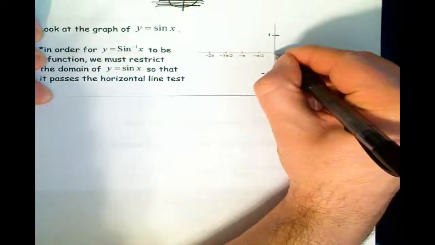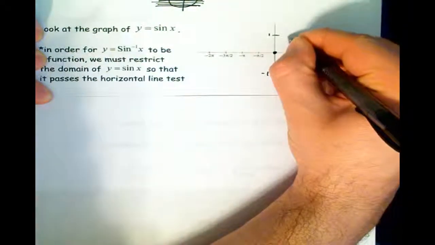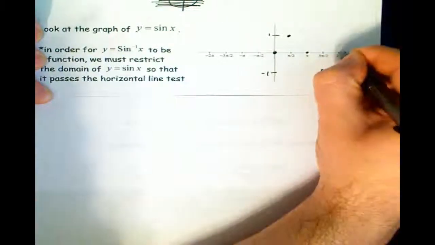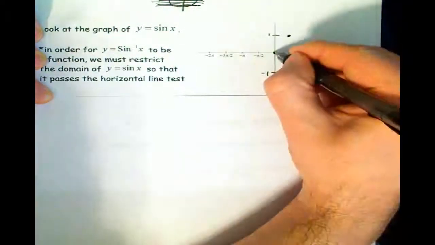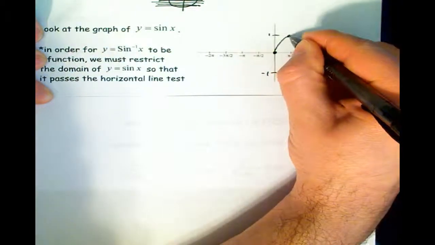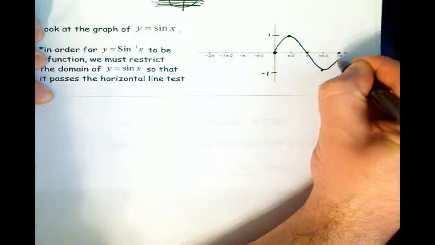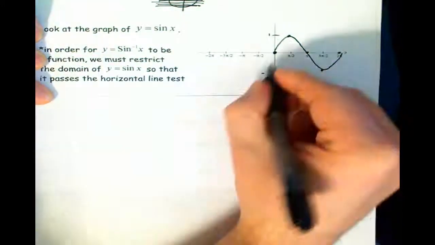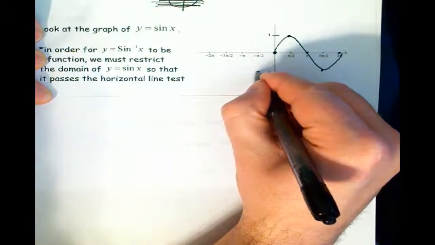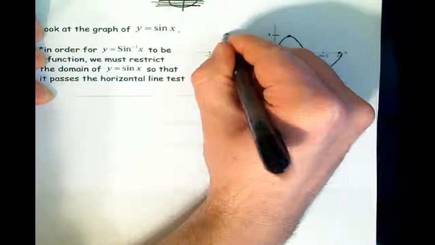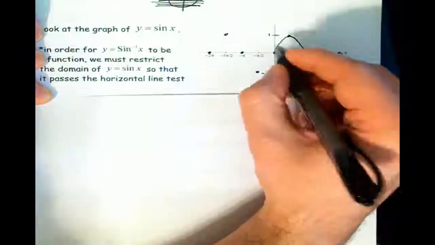It starts in the middle and goes up, back down. It looks like that. There's the positive one, and then it's going to continue to do the same thing: down, middle, up, middle, just like this.